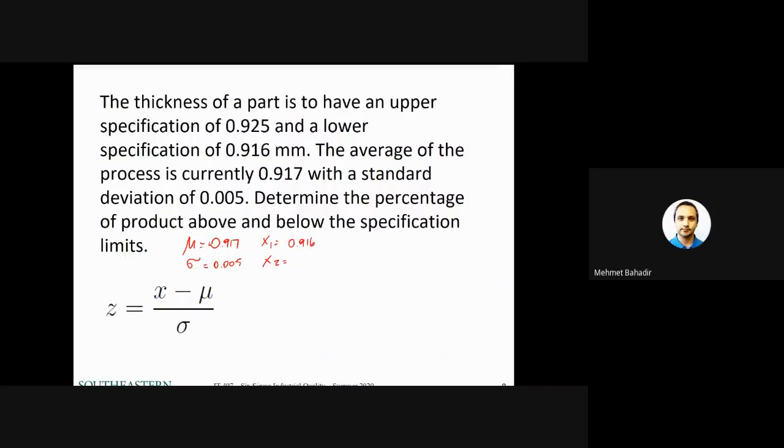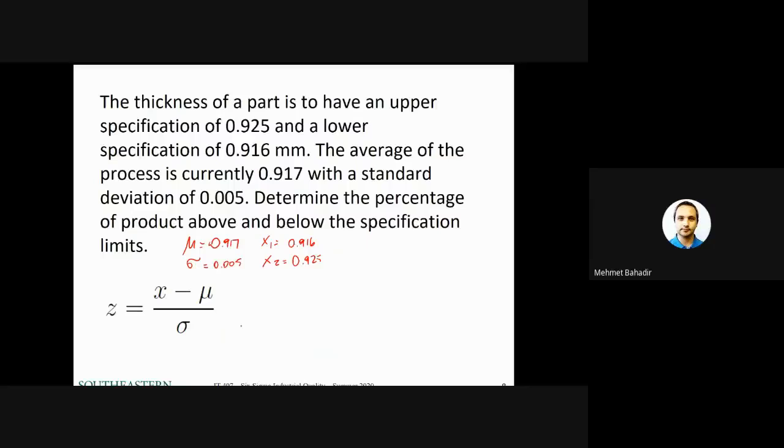I want the smaller number to be my x1 and the bigger number specification limit to be my x2, because x1 is going to be on the left side of my mean and x2 is going to be on the right side, but you can keep them x2, x1, it doesn't really matter. All right, so those are our critical values.